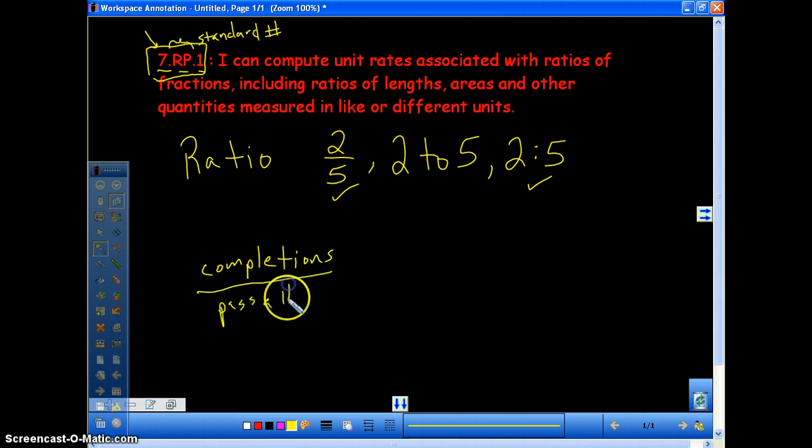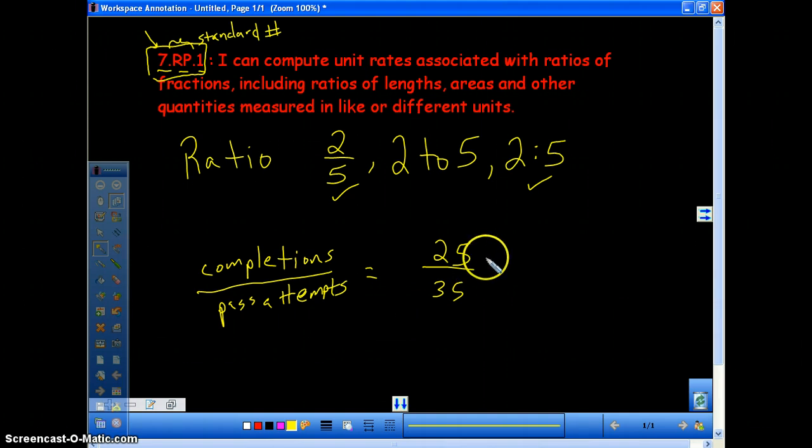These are two different things. For example, a quarterback may have thrown the ball 35 times in the last game and had 25 completions. So the ratio is 25 completions to 35 pass attempts.